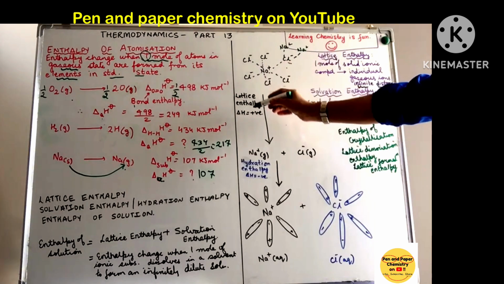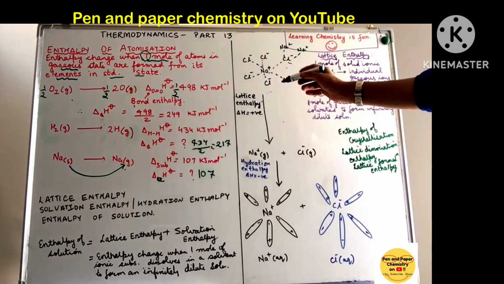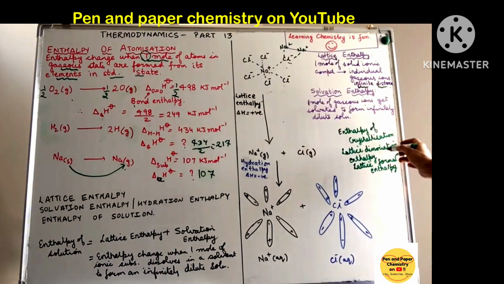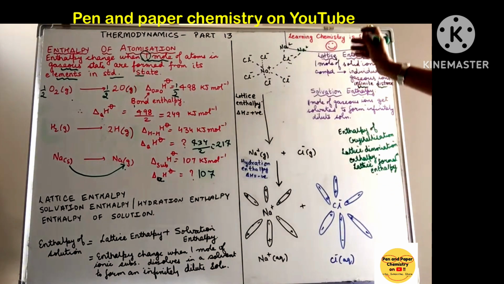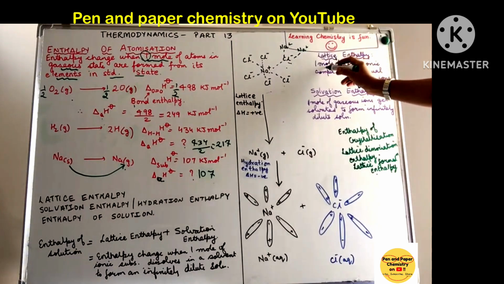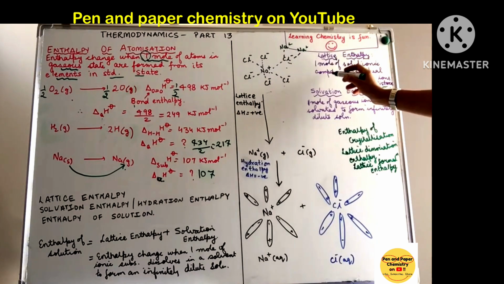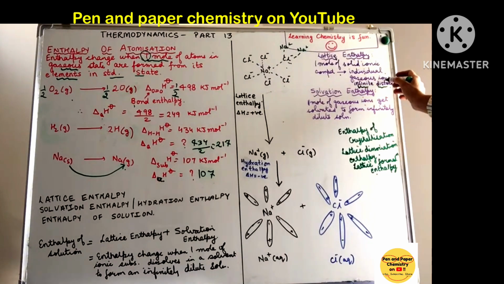Now, the confusion over here is that in many of the books, you will find the terms lattice dissociation enthalpy and lattice formation enthalpy as two different terms. Just reverse the definition. That means when 1 mole of solid ionic compound is formed from its individual gaseous ions which are infinite distance apart from each other, that enthalpy change is known as the lattice formation enthalpy.